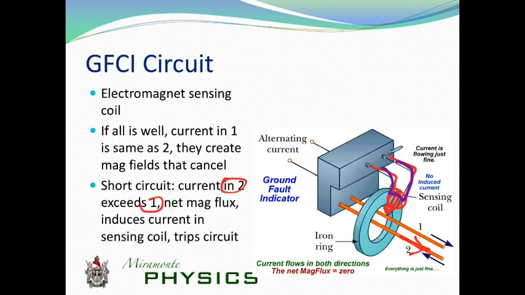So that's going to induce a current, and it trips a circuit, and when that senses a current flow, then it's going to open up the circuit and shut it down so that no more current can flow. So in a very short period of time, once you get this current that's overloading, where one is more than the other, it's going to open the circuit and shut down current flow altogether. That's to keep you safe in water-rich environments where there's electricity flowing.